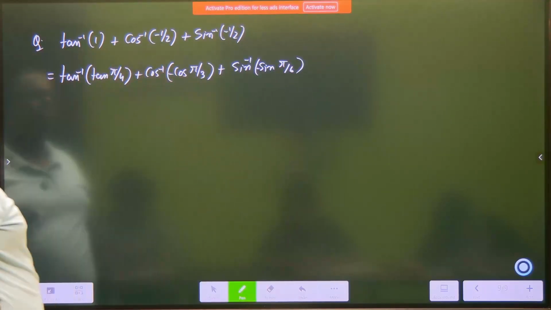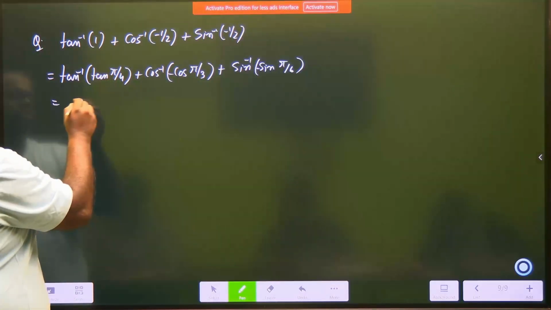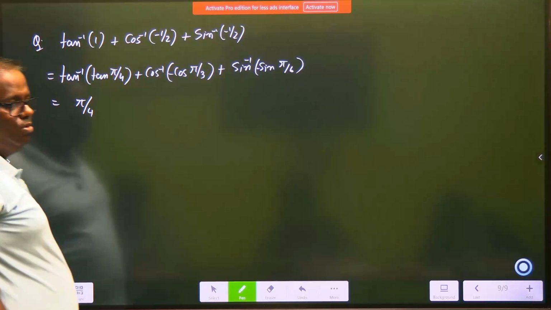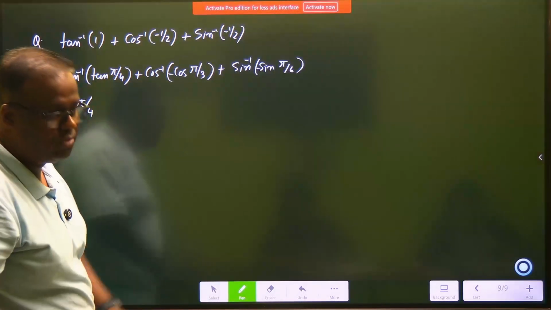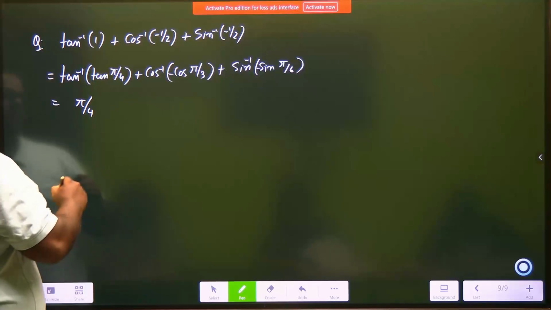Sine 30 is half. So tan inverse tan pi by 4, we can write it pi by 4 straight away. Tan takes the value always in the curved bracket of sine. So this is valid, right?